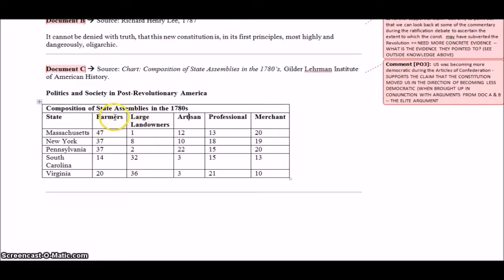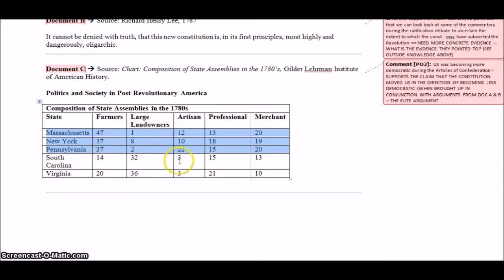If a farmer was like Thomas Jefferson, who was a farmer, and so was John Adams, they were both elite. Why was Jefferson elite? Because he was also a large landowner. So when we say farmer, they mean yeoman, small farmer. And the trend that you should notice from this is that, especially in the North, these top 3 states, during the Articles, the non-elite were winning out in the state assemblies.